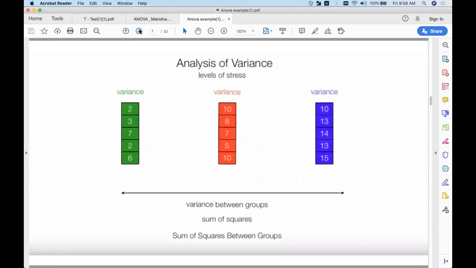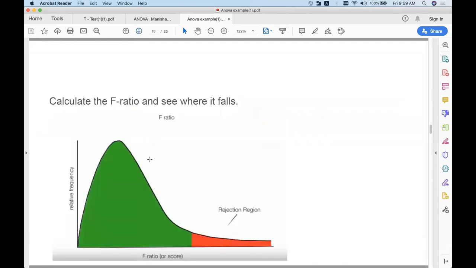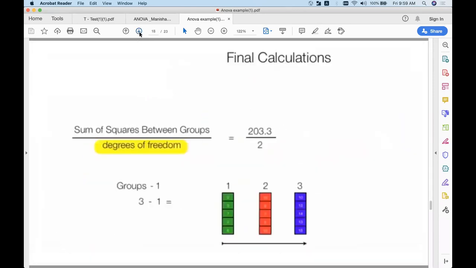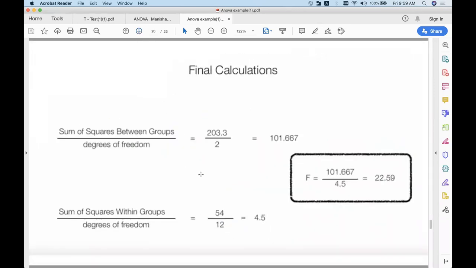Once we find that, you come up with the rejection region and acceptance region. Then you calculate the F ratio. For calculating the F ratio, you need the sum of squares between the groups, the sum of squares within the groups, and then the degrees of freedom. The ratio of both of these will give you the F value.